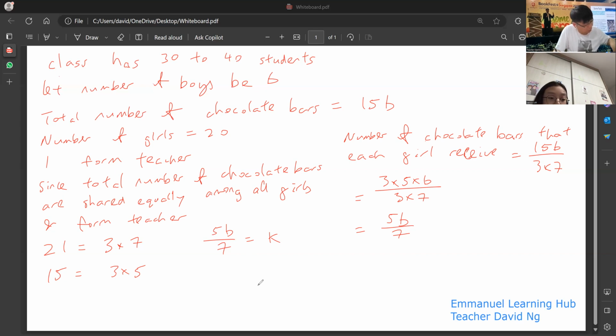Shared equally among 20 girls and a form teacher, so 21. 15B, no leftovers. How many students are there in the class?